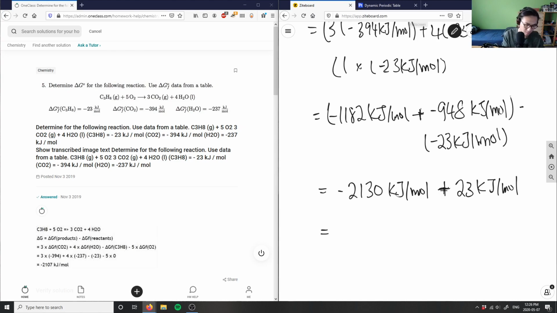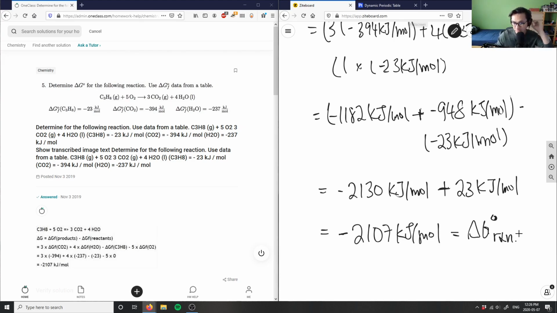So this here would be negative 2,107 kilojoules per mole. And this here would be the delta G naught of my reaction here.